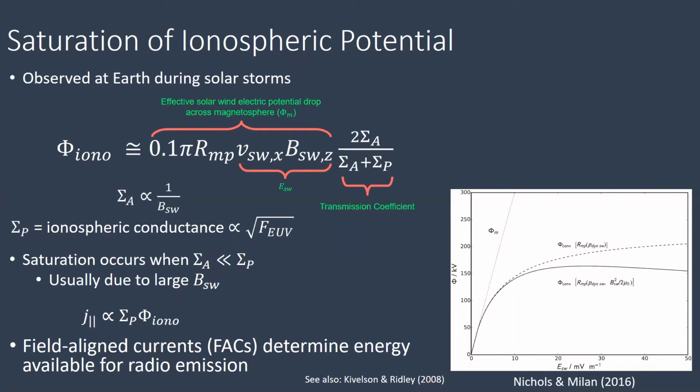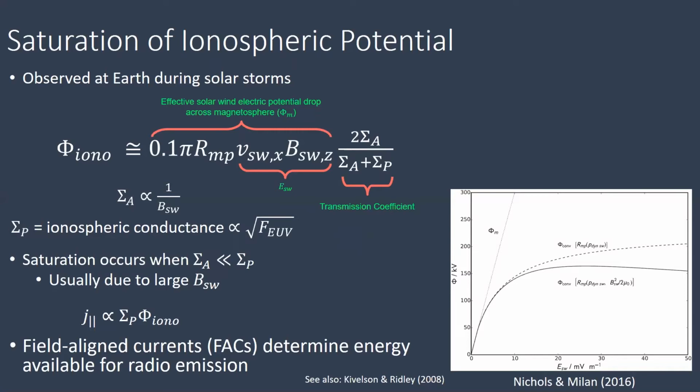I won't go too much into the equation, but essentially your solar wind has an effective potential drop across the magnetosphere. That potential drop is communicated to the ionosphere via Alfvén waves. But it turns out there is a transmission coefficient that depends on both the solar wind conductance and the ionospheric conductance.